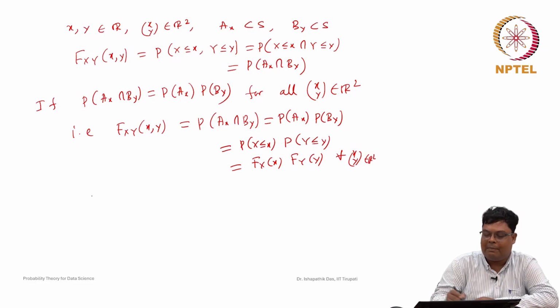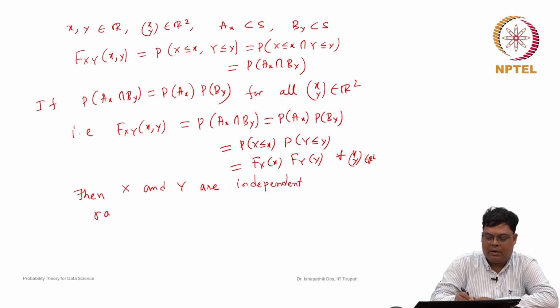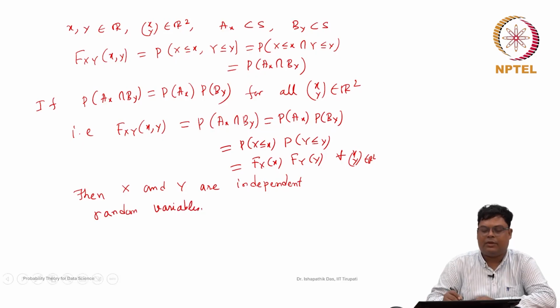So, if this happens, then for this bivariate random variable, X and Y are called independent random variables. So, this is the definition.